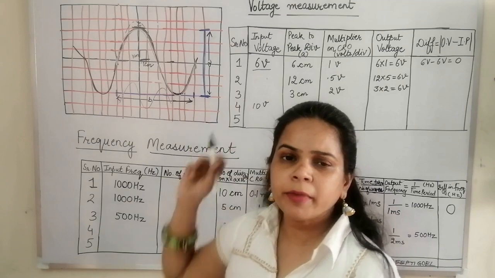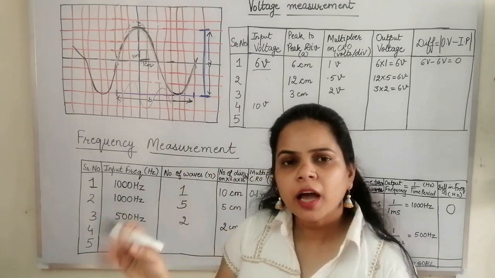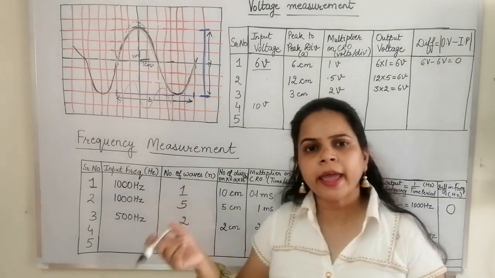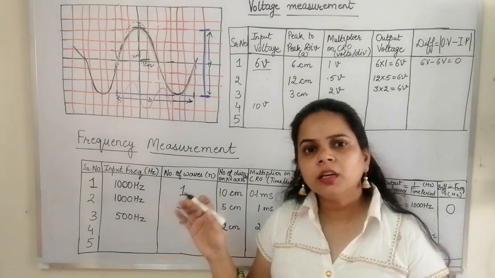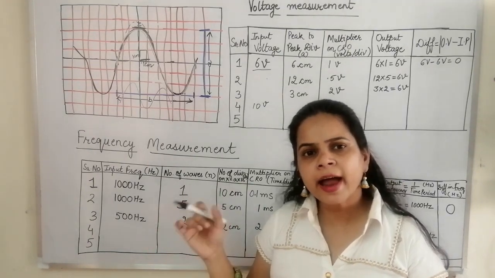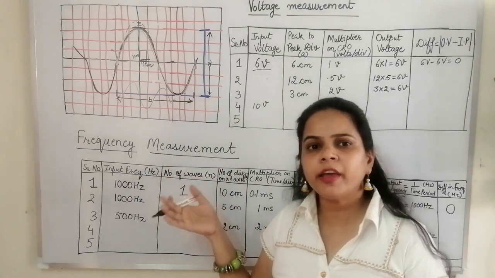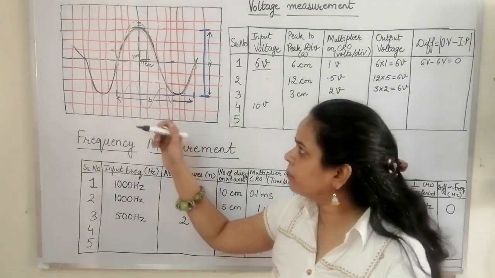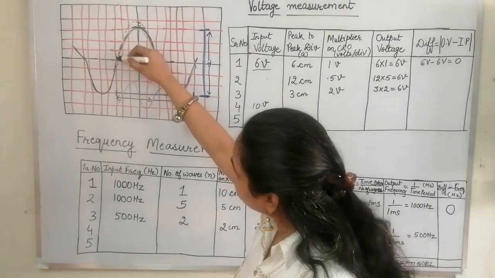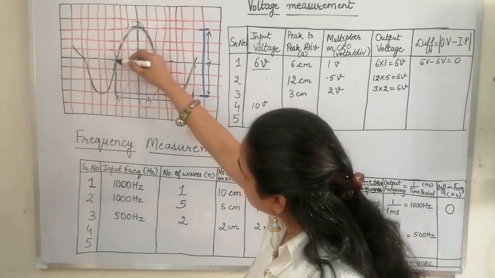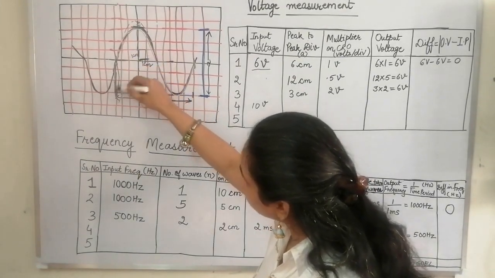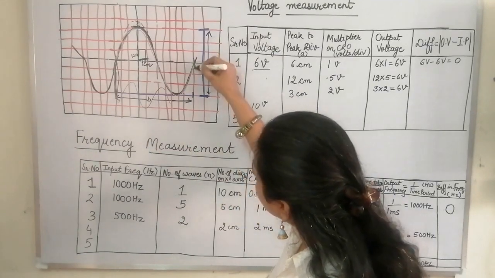We have to take the measurement of complete waves. The number could be 1, 2, 10, but please measure the number of complete waves and the distance that a complete wave is taking. So this wave is starting from here, and we calculate the distance from this block to where the wave ends.